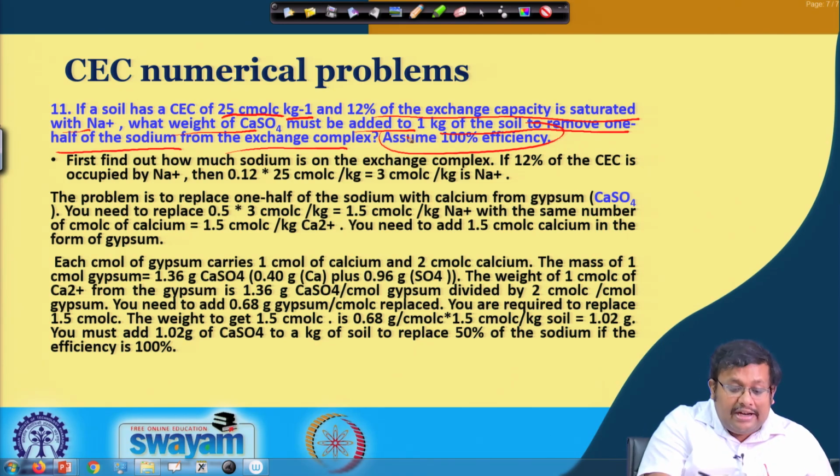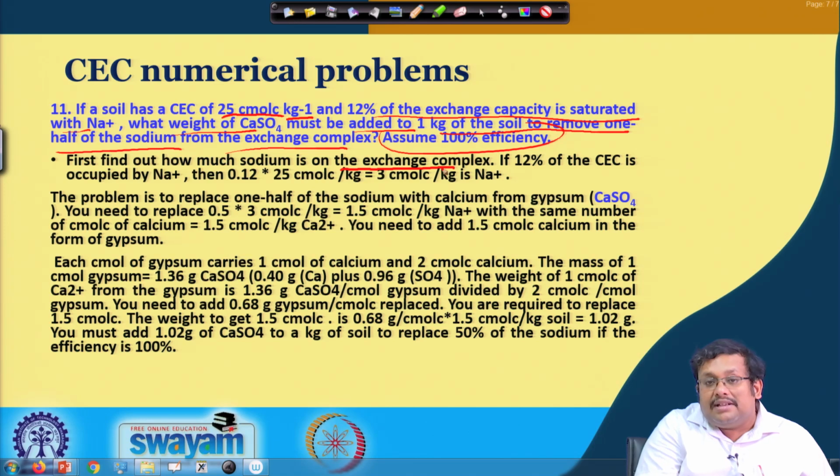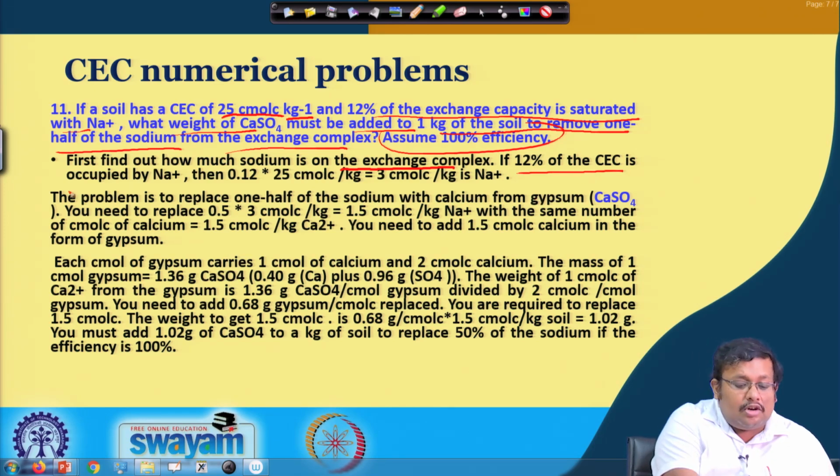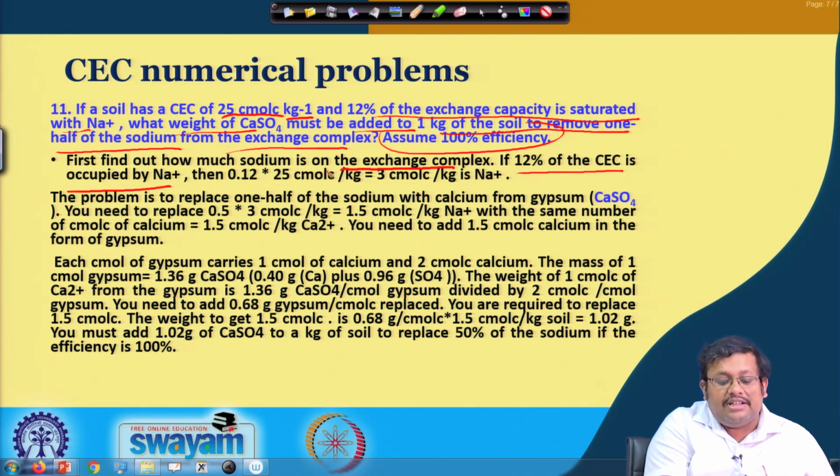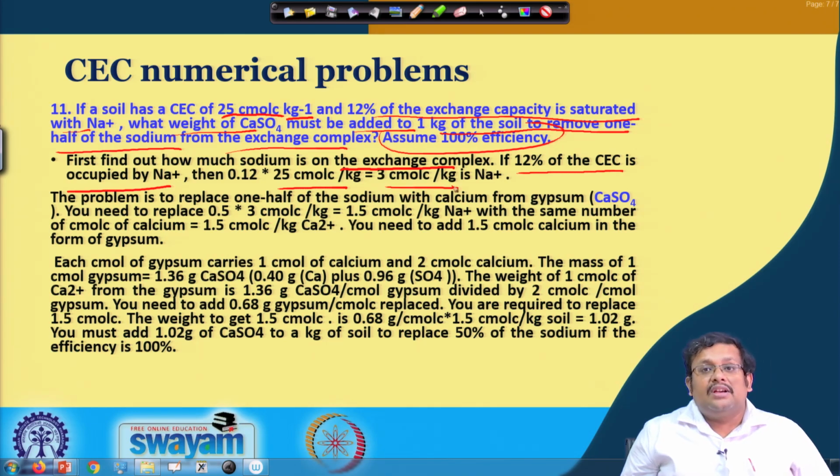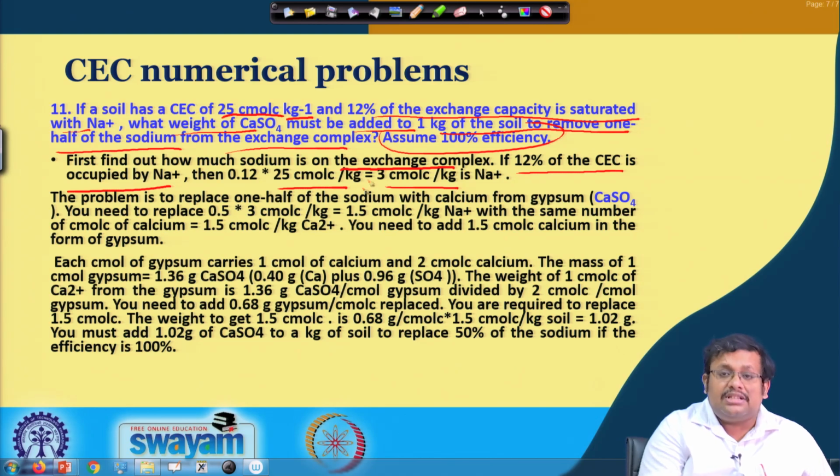So, first we have to find out how much sodium is in the exchange complex. We know that 12% of the CEC is occupied by sodium, so 0.12 multiplied by 25 centimole charge per kg, because this is the total CEC. So, sodium is accounting for 3 centimolar charge per kg.